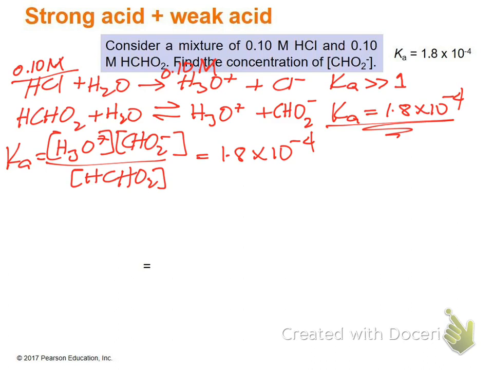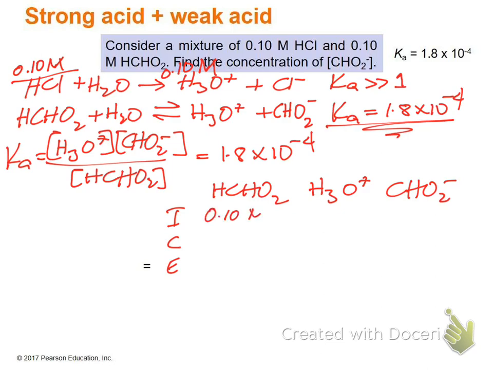Okay, and then we're going to set up our ICE table. So we're given the initial concentration here for the weak acid, which is 0.10 molar. And because there was hydrochloric acid in the mixture, we already have an existing concentration of the H3O plus.